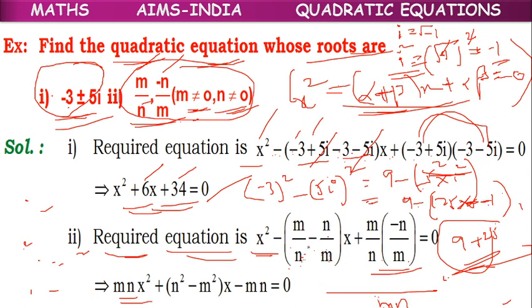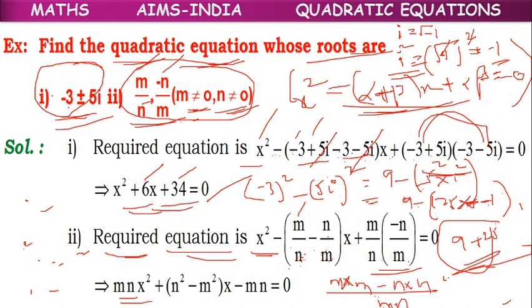We can write m into m square. Once again, n into mn, numerator m minus m into n, mn numerator n.